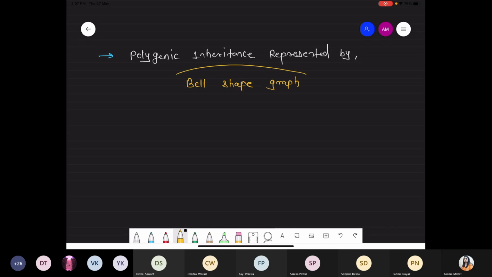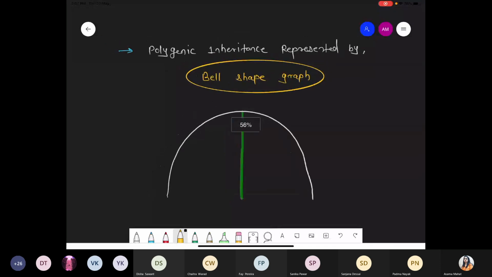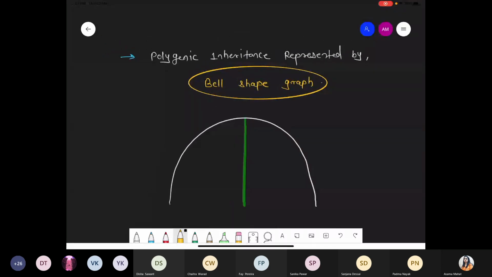Which graph? Bell shaped graph. So what is the meaning of the bell shape? Suppose like this. At the middle, basically, they have the maximum population, or you can say there is a maximum number, when you talk about the bell shaped graph for human skin color.